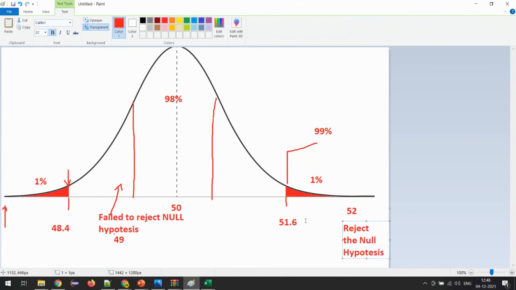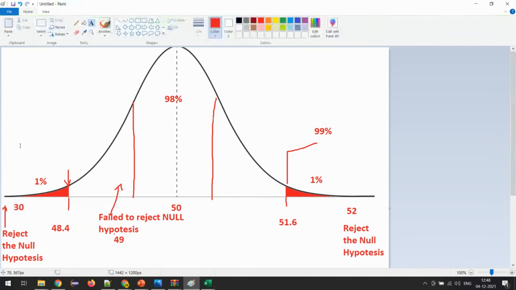And if it is 30 again, even if it is 30, we again reject it. Only values between 48.4 and 51.6 we fail to reject. For all remaining values, we reject it. Oh, okay. Thank you very much. Yeah, welcome.